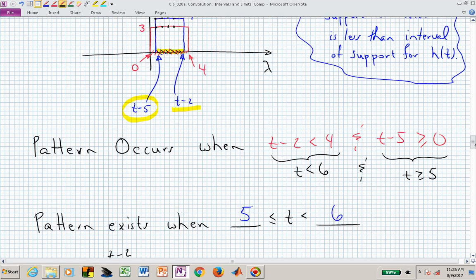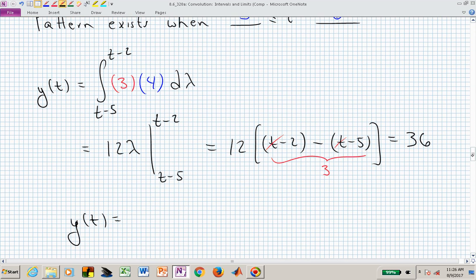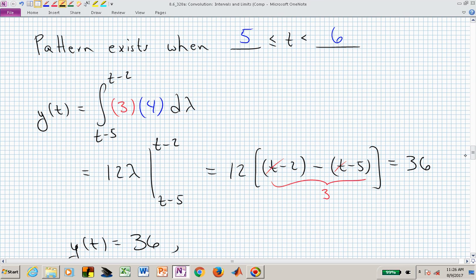So now 12 times 3 gives me 36, and that's a way of checking this particular answer, and that's true as long as I keep t between 5 and 6.